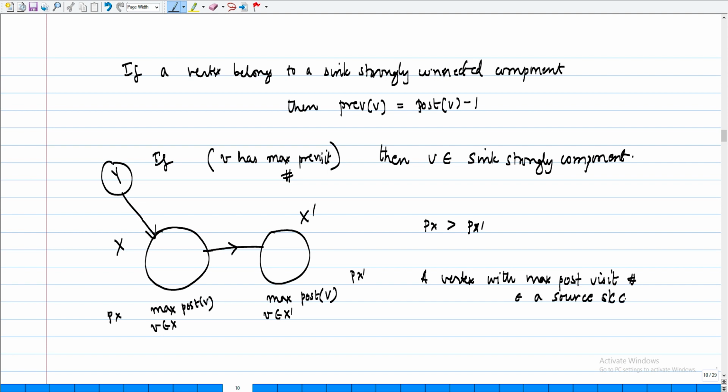It belongs to a source strongly connected component. But we have got a flipped answer. We wanted something which belongs to a sink strongly connected component, but we got something that belongs to a source strongly connected component. Now, any ideas about how to make use of this fact?